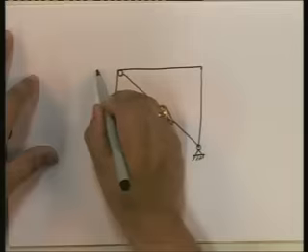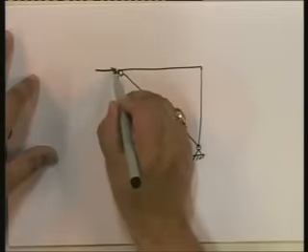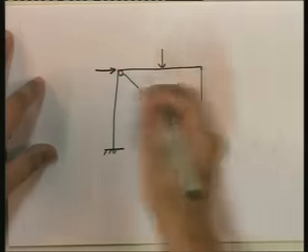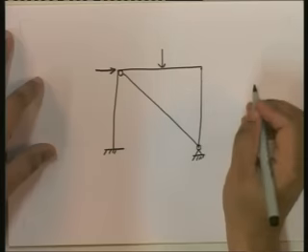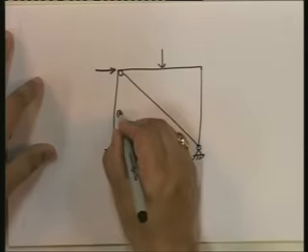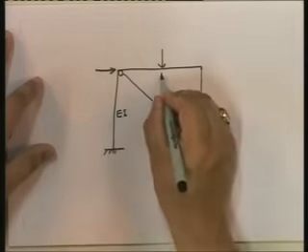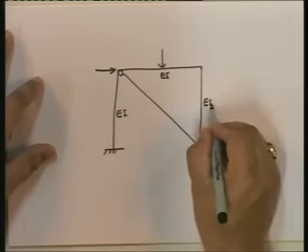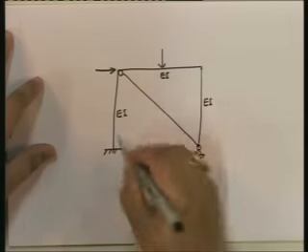So this is a typical braced frame, and let's look at the typical loading that you would have. You would have this kind of a loading and this kind of a loading. Let me give some numbers. This would be EI, this would be EI, this would be EI. These are all framed members.